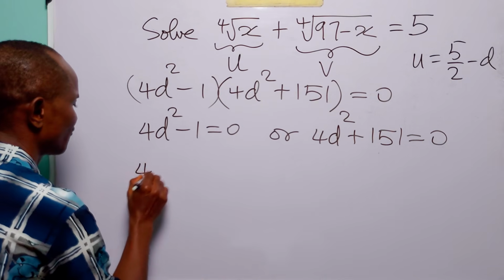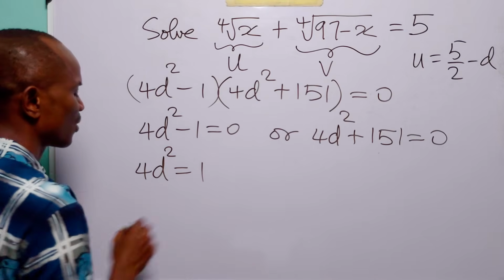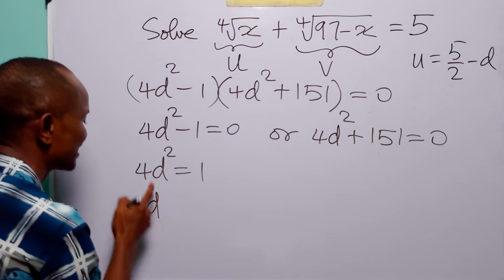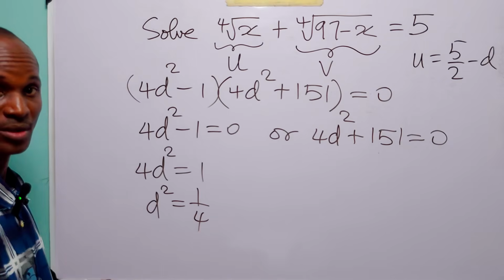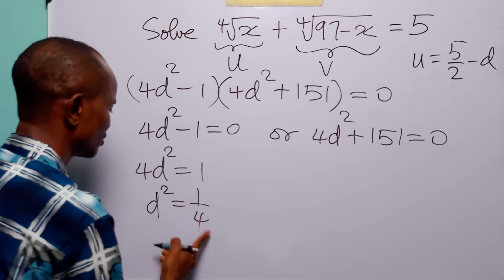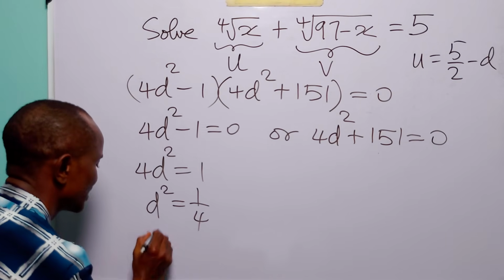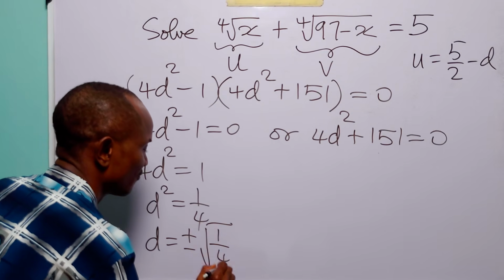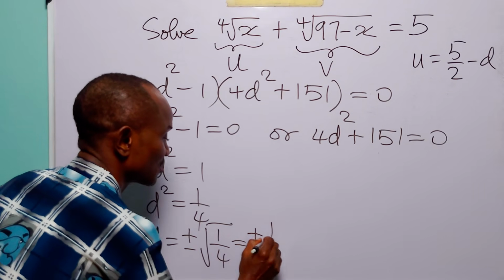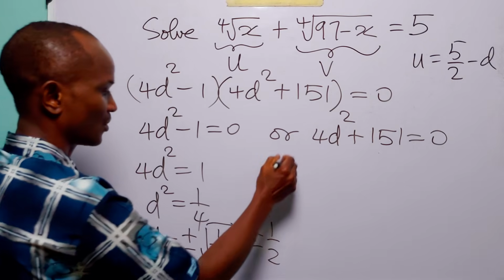From here we have that 4d squared is equal to 1, and hence dividing both sides by 4, d squared is equal to 1 over 4. And of course, taking the square root of both sides of this equation, we have that d is equal to plus or minus the square root of 1 over 4, which is equal to plus or minus half.